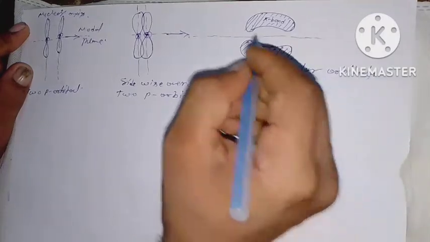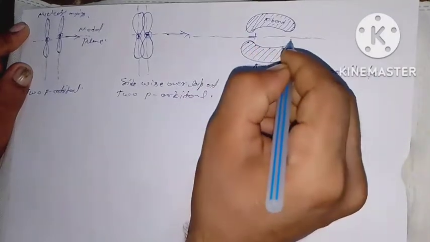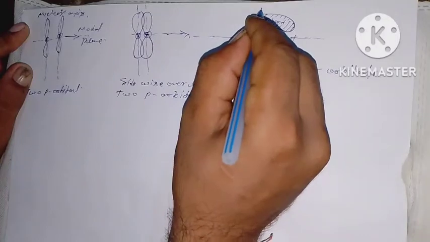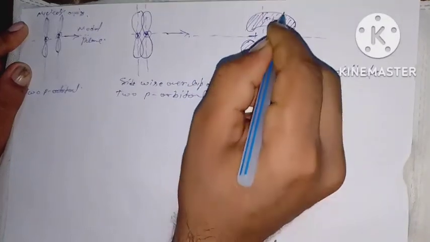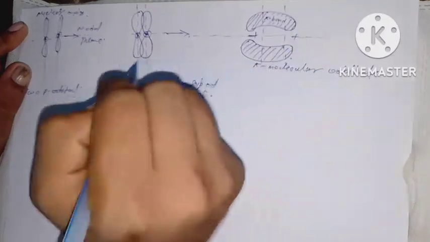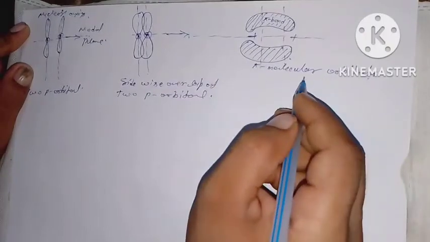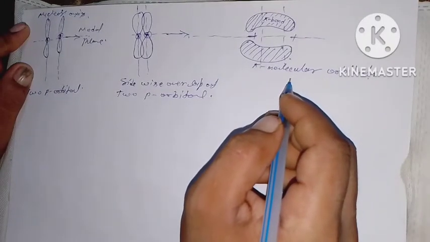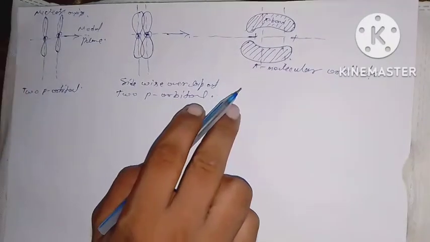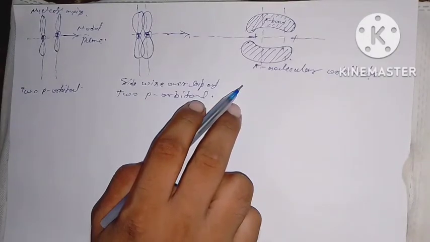This is positive and this is negative. This is a pi molecular orbital.